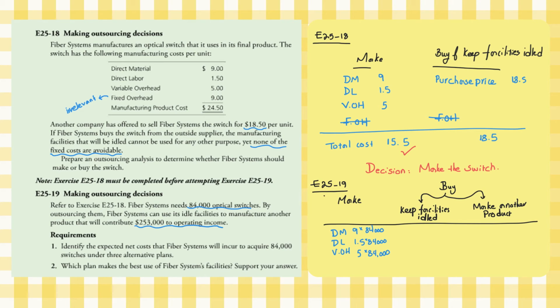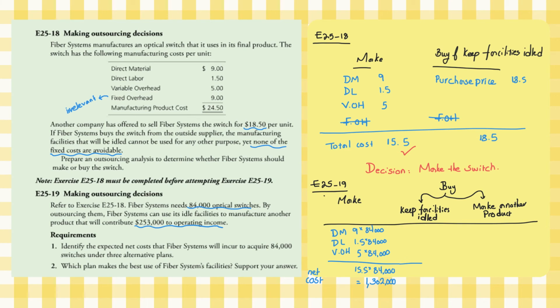Or I can just multiply 15.5 with 84,000. This is the net cost or the total cost. It's saying net cost because the last option I'm gonna subtract something, that's why it's net. Now the cost for the first option, it's gonna be 15.5 times 84,000, so it's gonna be 1,302,000.